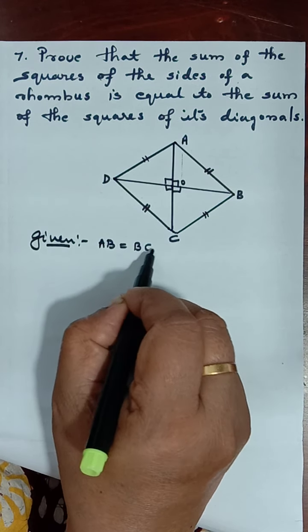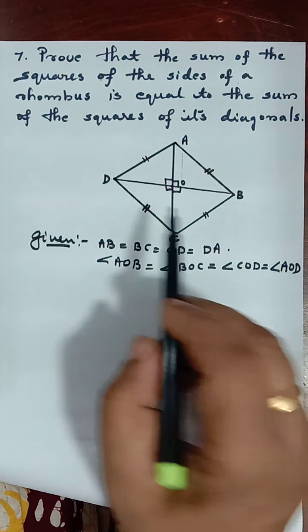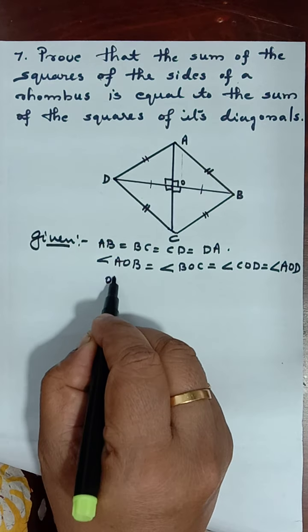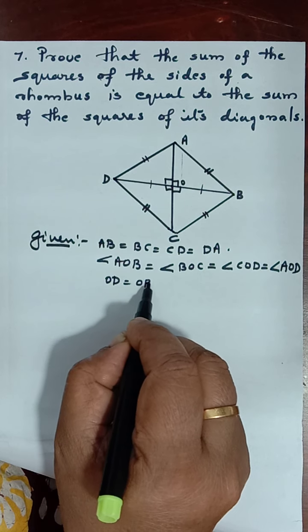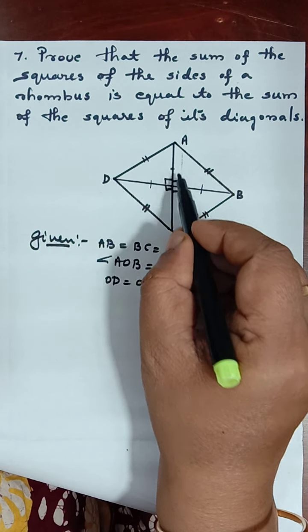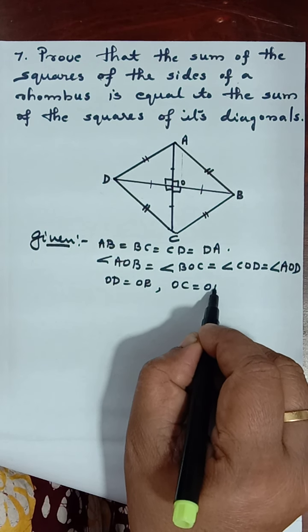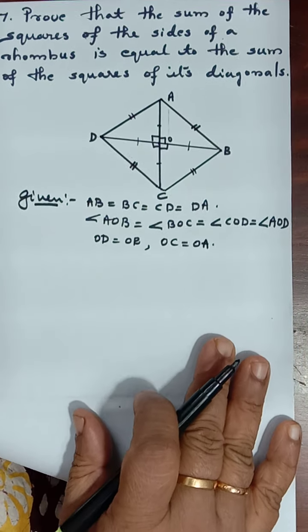These are the things we know from saying that it is a rhombus. Then one more point is, here we have OD equal to OB and OC equal to OA. These are the things we understood.